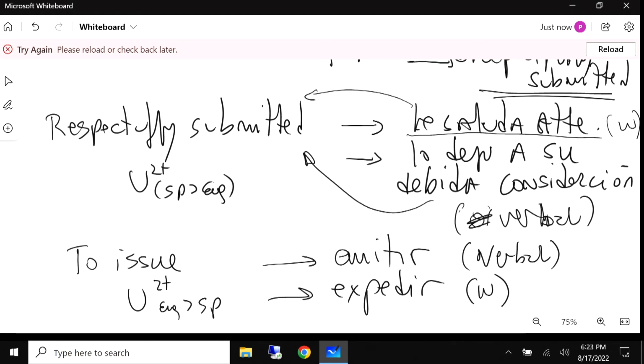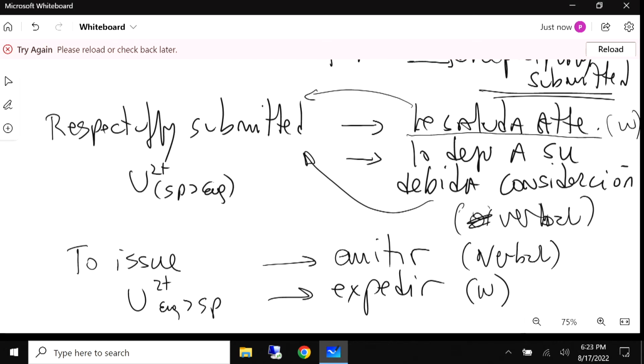Can you say "pronunciar una decisión"? Of course you can, but only for verbal. You wouldn't use "pronunciar" for "expedir," because "pronunciar" is a synonym of "emitir," but it is not a synonym of "expedir."